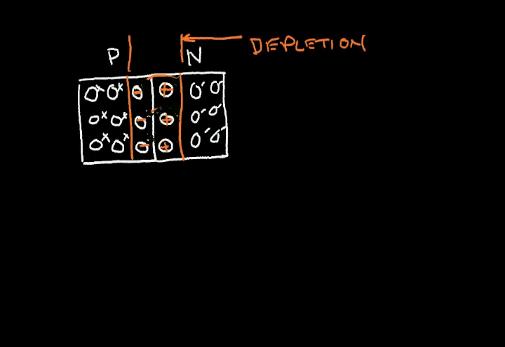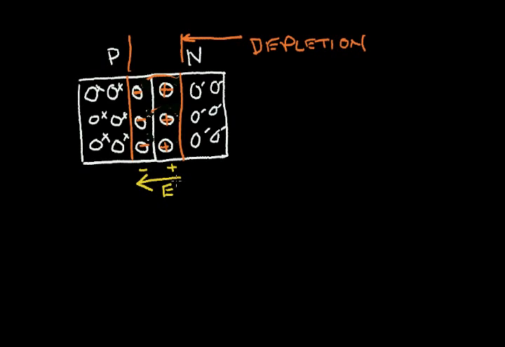They have recombined in the structure. Now, observe what happens. Since I have positive on this side and negative over here, inside this depletion region, there's an electric field that points in this direction.